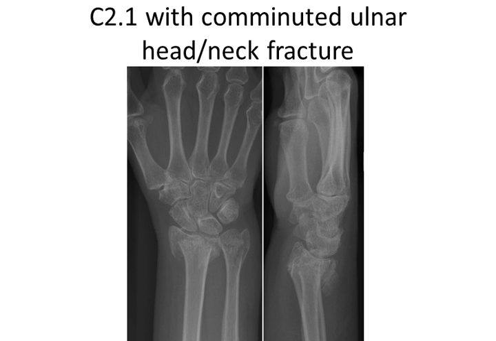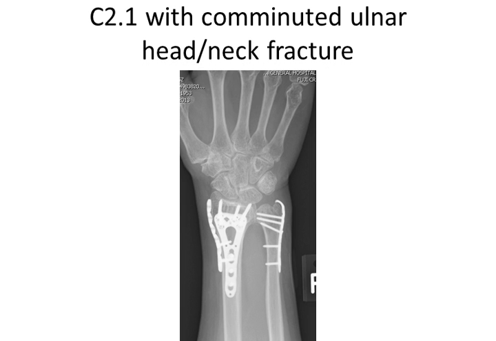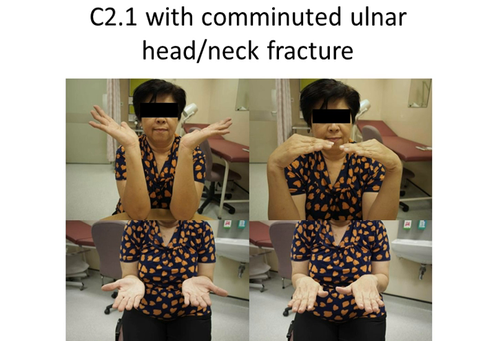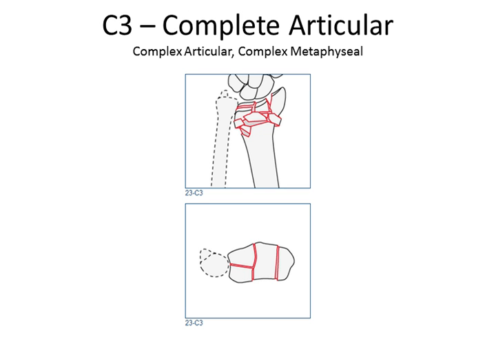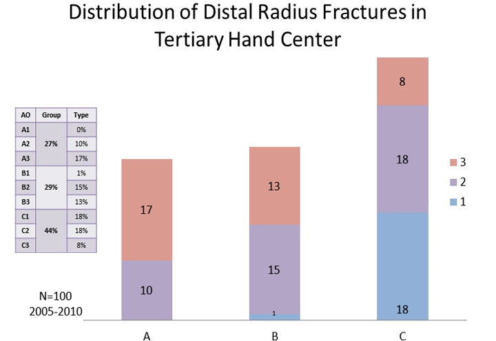Articular fracture with a comminuted ulnar neck and head fracture, very displaced. And then we fixed it with a 3-plate system, and quite a good outcome. And then C3 is the worst with all the complex articular and complex metaphyseal segment.